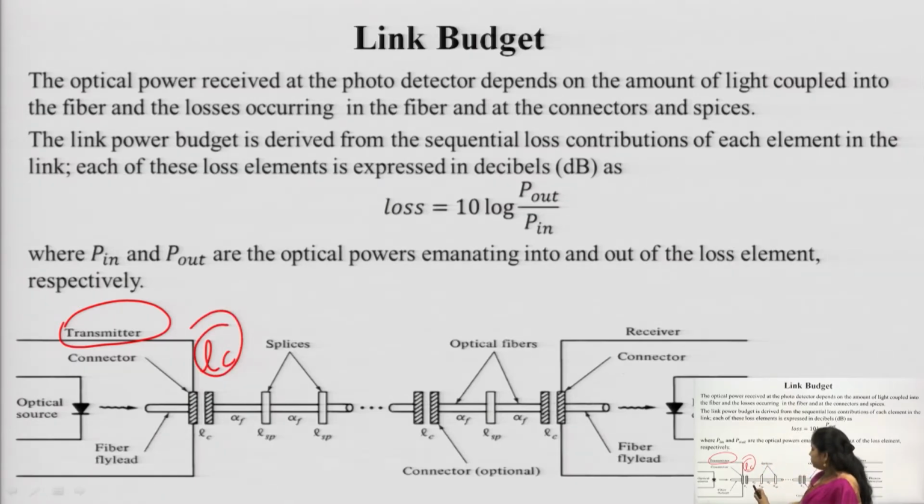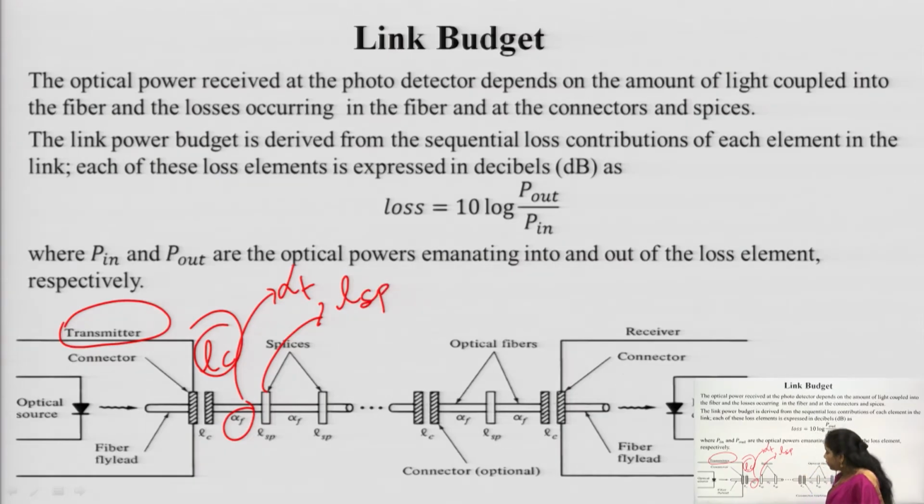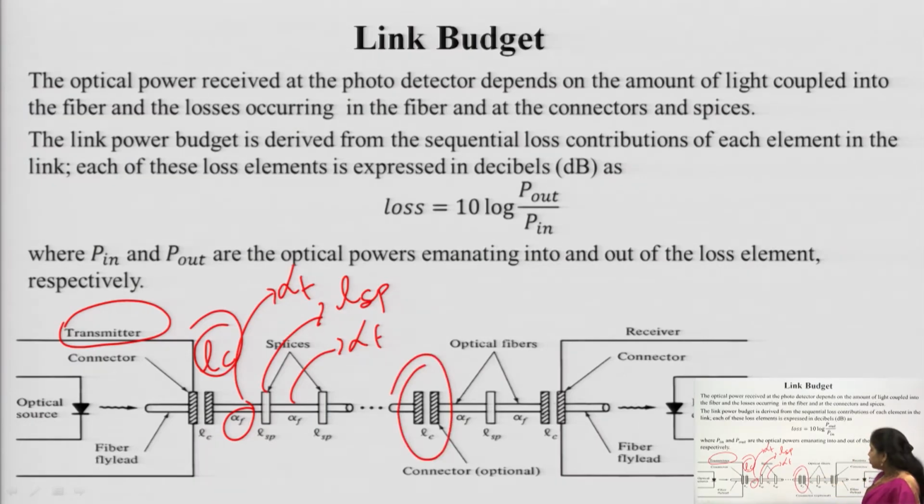Then there is a fiber which is contributing the loss L alpha F. Then again there are two splices and both of them are contributing a loss of LSP, and in between, fiber alpha F. So, it is continuing and now it comes to the other part, again a connector. So, each and everything is kept into consideration whenever we talk about the budget.